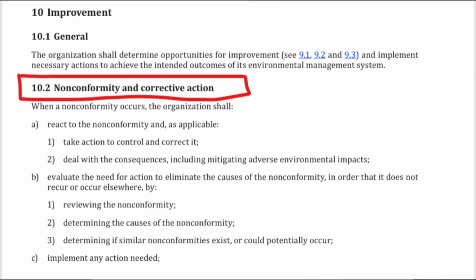The 10.2 clause states that whenever you are having an issue at your organization, be that quality, environment, health and safety, information security, business control, so whichever ISO standard you're going for, once the incident is highlighted, then you need to follow a process which is called corrective action. So you need to take a correction, which is the quick fix and immediate response, and then you need to do a root cause analysis if there is a need, and you need to propose a corrective action so that the same issue may not recur.